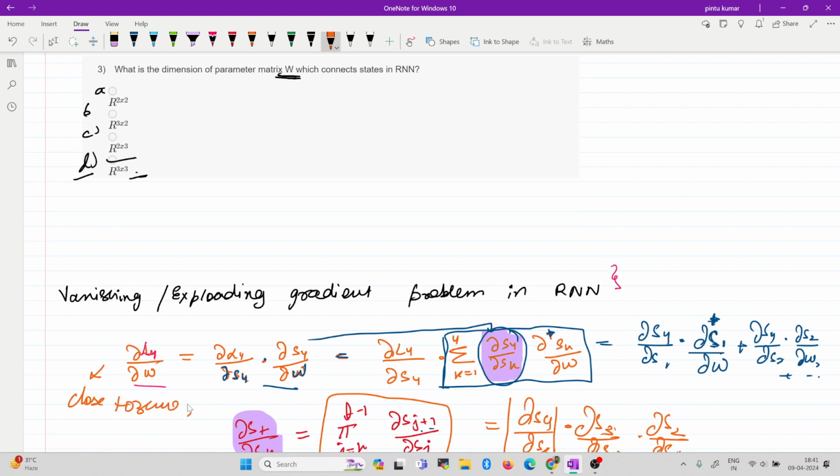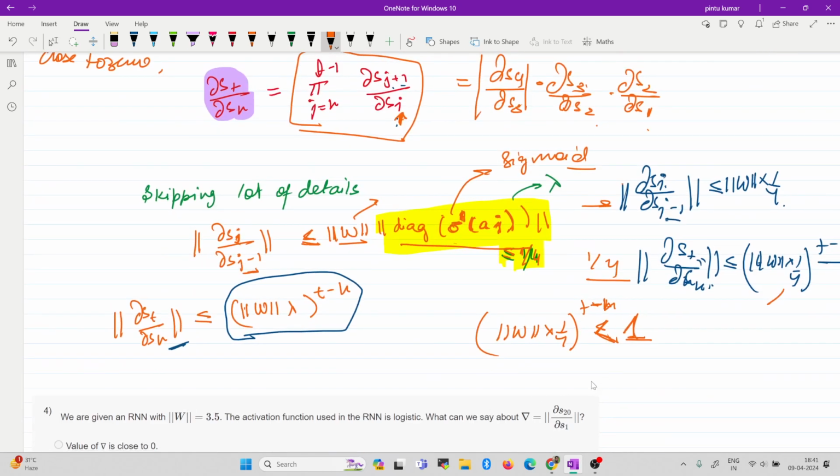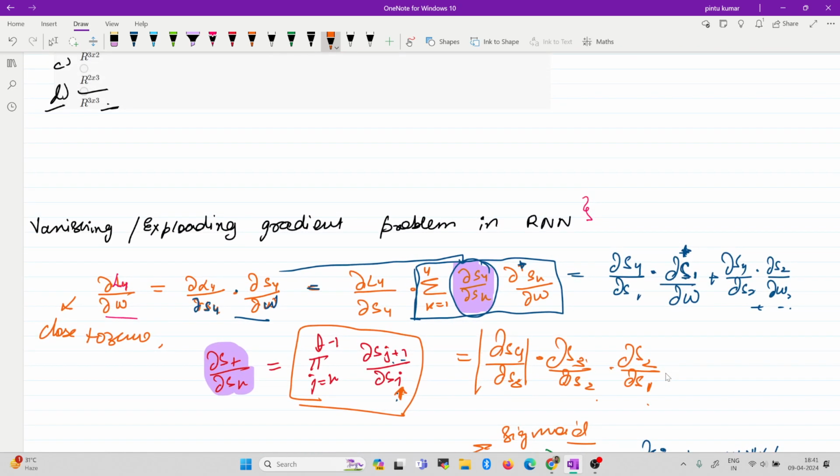And in such cases, you will encounter the vanishing gradient problem. Again, there is another case when this term is strictly greater than 1. Then you will encounter the exploding gradient problem.